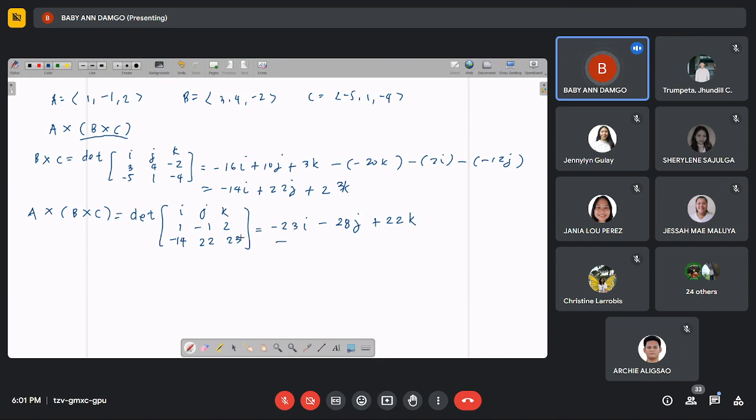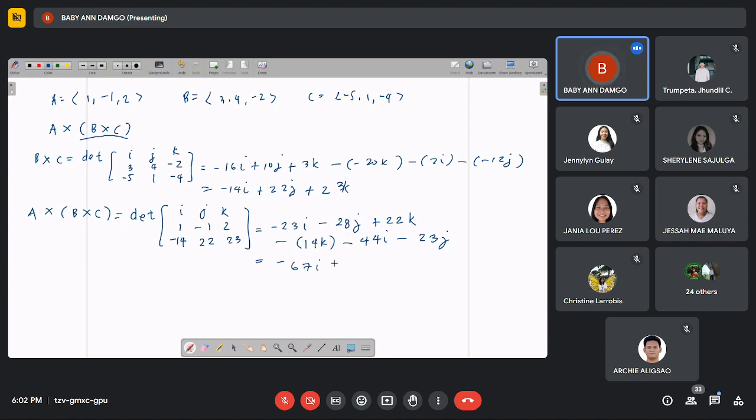And then the reverse, we have 14k minus, so this is minus 44i minus 23j. Okay, so simplify, for I, this is 67i.